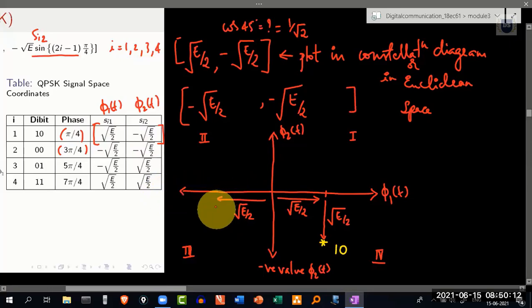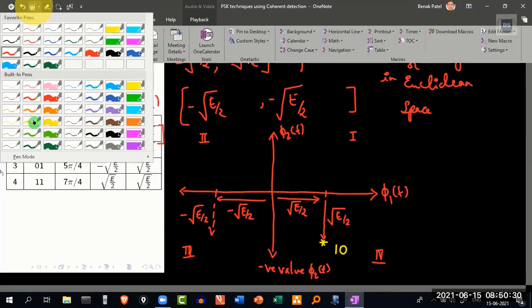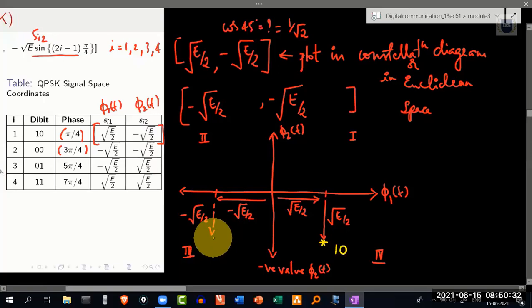After moving this length, I got to move a similar amount of length, square root of E by 2, but in what direction? In the negative direction, such that here I'll be getting my second point, which represents dibit 00.